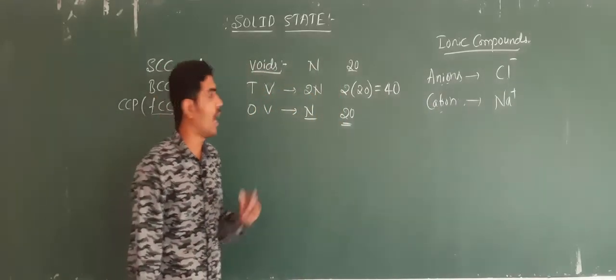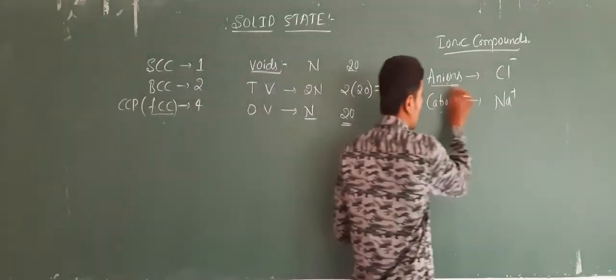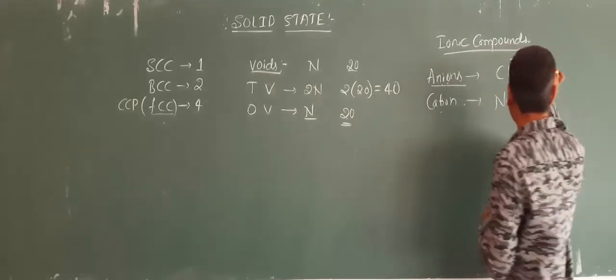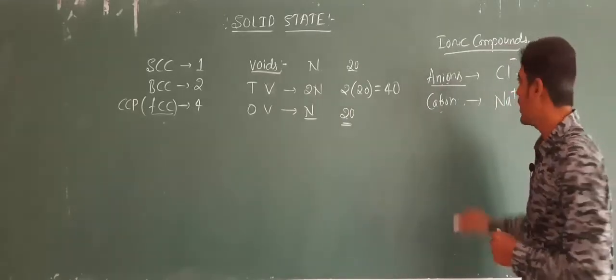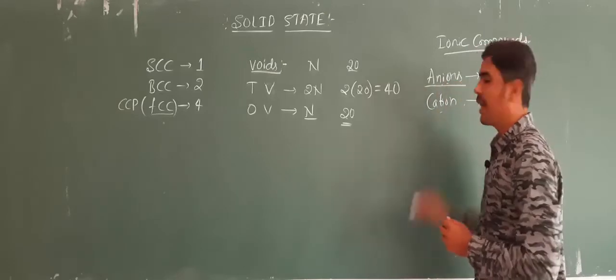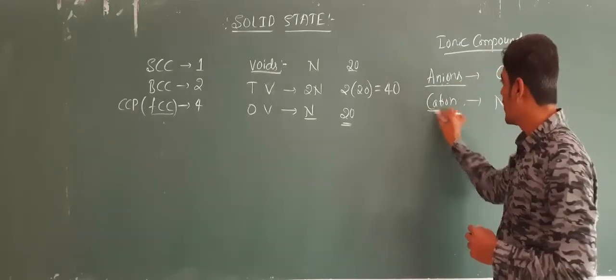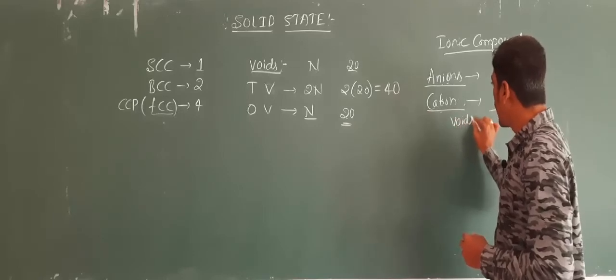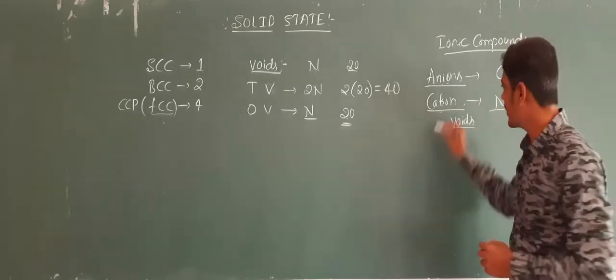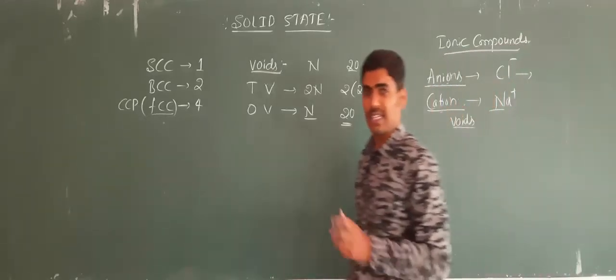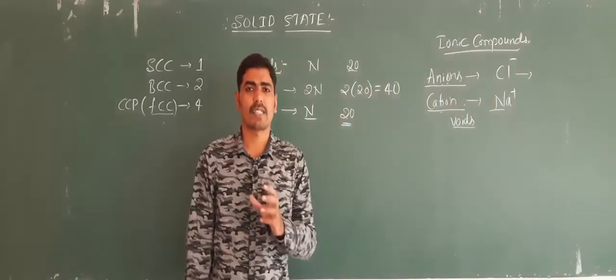Remember that. Since anions have larger size, they form the structure of the crystal lattice, and cations are present in the voids.